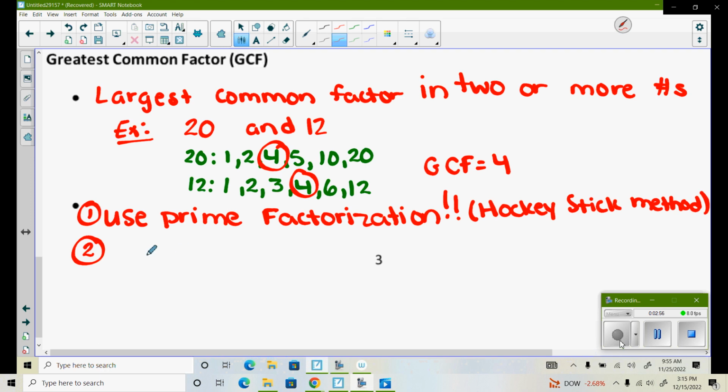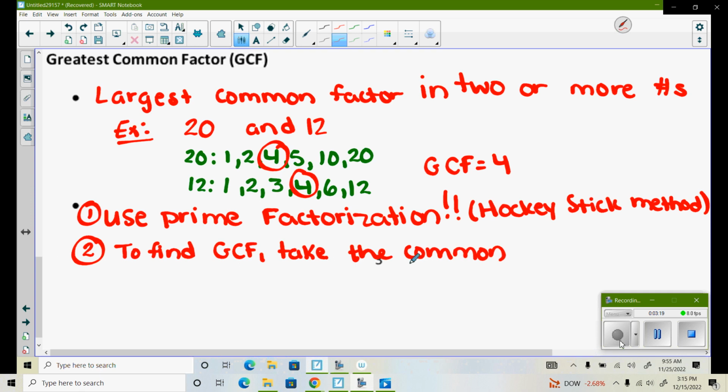Second step, you want to use any common factors between those 2 or 3 numbers. So use only common factors between those numbers, and you want to take the lowest possible exponent on those common factors.